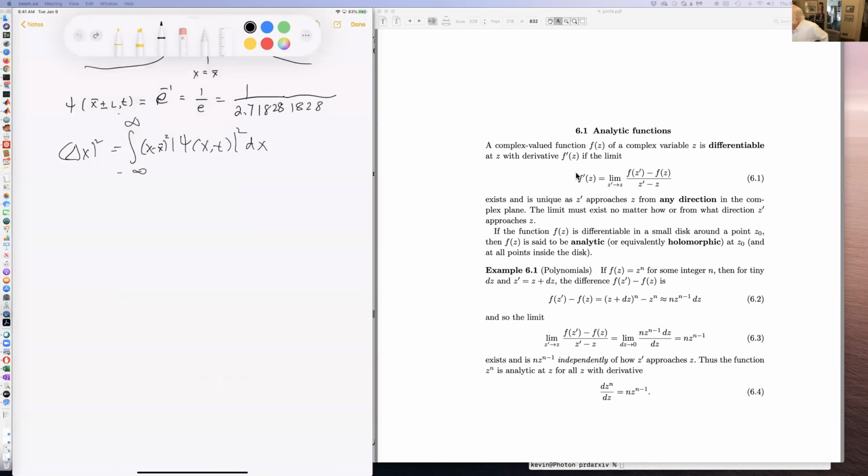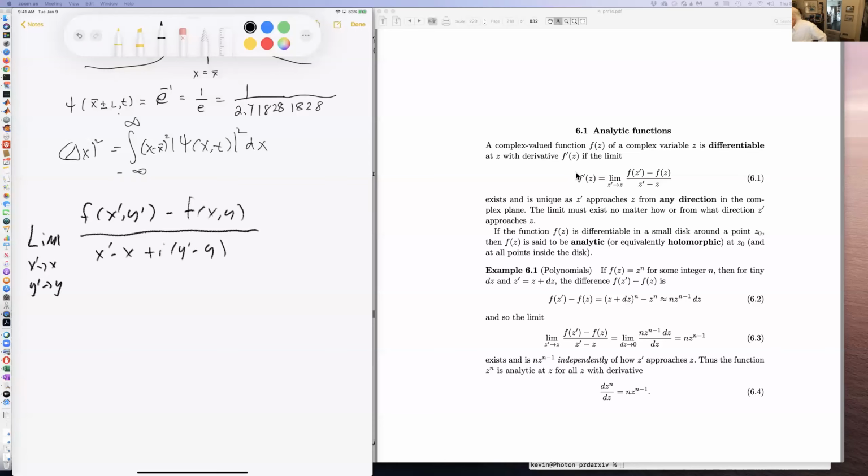I'm going to just redefine what differentiability is. It's that f of x prime and y prime minus f of x and y, divided by x prime minus x plus i(y prime minus y), should have a limit as x prime goes to x and y prime goes to y, but in arbitrary directions.